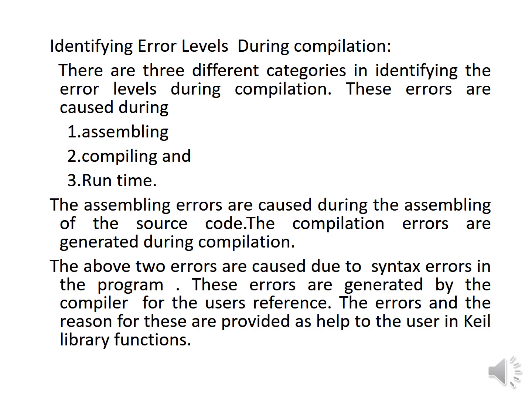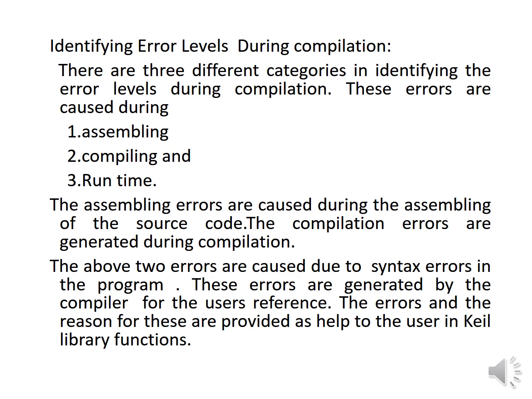Next, identifying error levels during compilation. There are 3 different categories of errors: first is assembling, second is compiling, and third is runtime. The assembling errors are caused during the assembling of the source code. The compilation errors are generated during compilation.